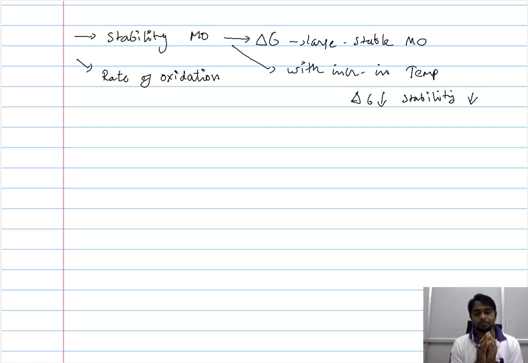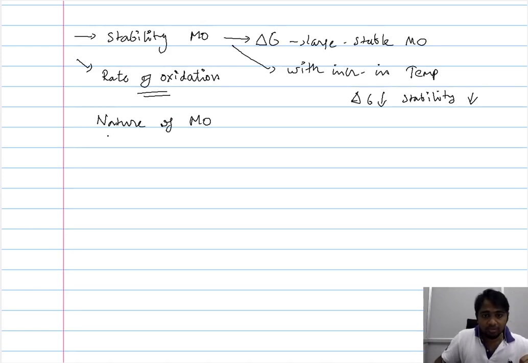Now, after considering the stability aspect of the metal oxide, we moved into considering the rate of oxidation. The initial aspect that we considered, in order to understand the rate of oxidation, was the nature of the metal oxide that is being formed on a metal.